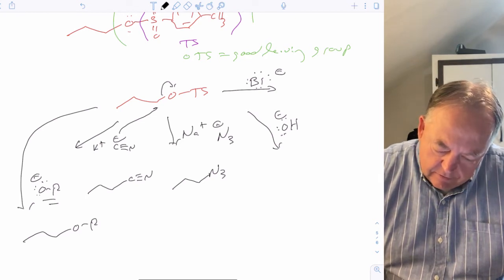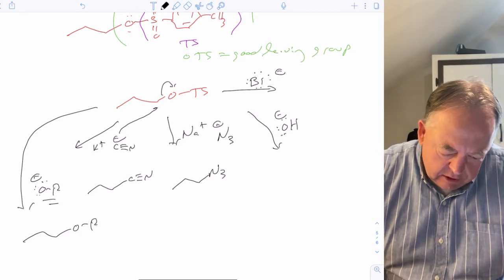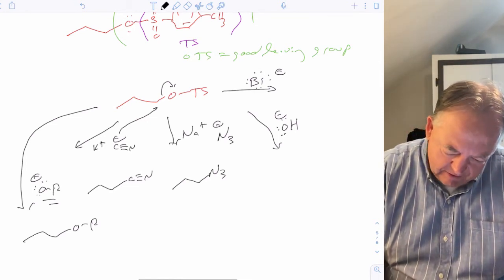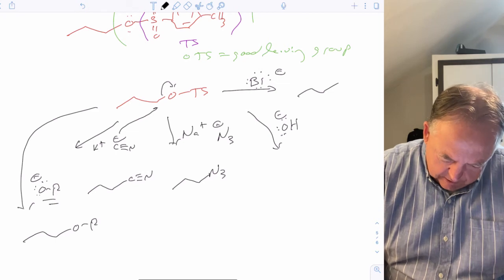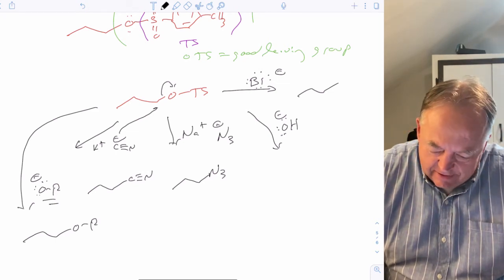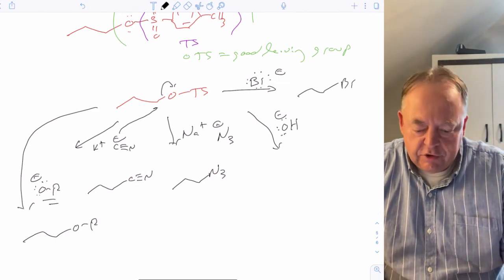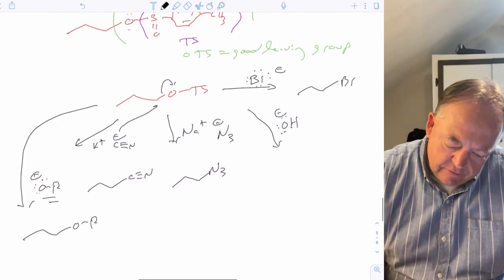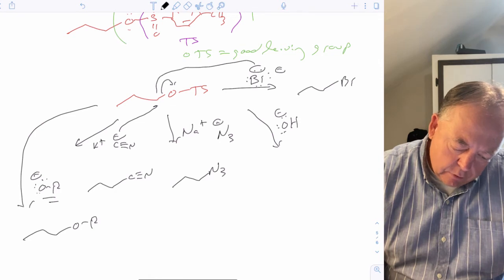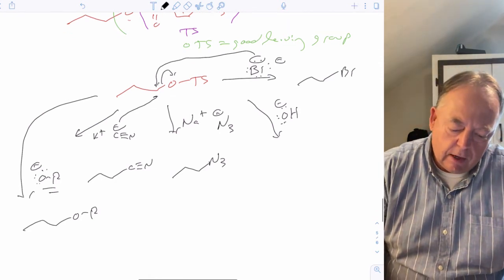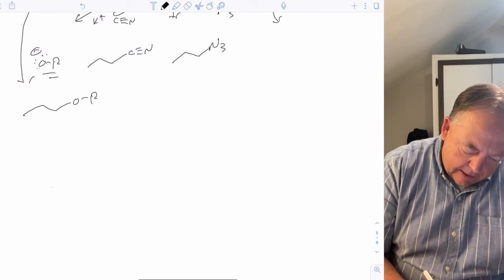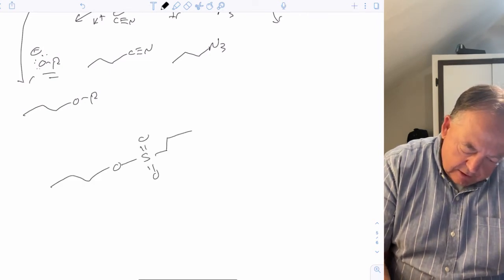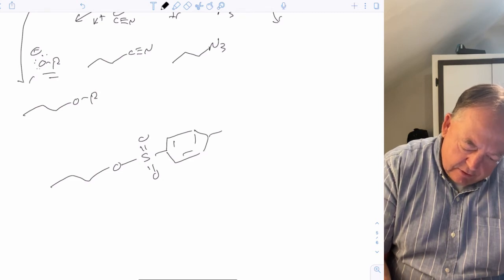OH minus wouldn't make much sense because you're just converting right back into an alcohol. Well, it will make sense if you want to flip your stereochemistry. We'll show an example of that in just a minute. Basically whatever the nucleophile is, it just attacks the carbon with the OTs and kicks the OTs group off. So why does this happen? Let me sketch it out.